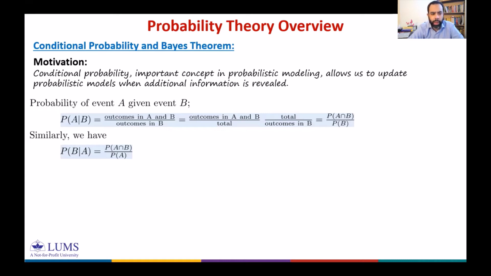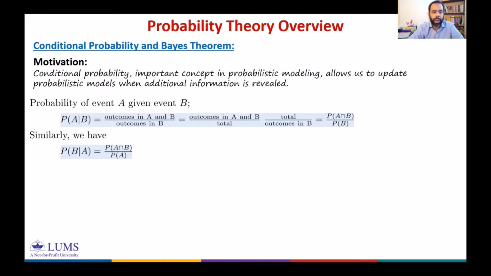For example, if you have two events A and B, and we want to find the probability of event A given event B, it simply means event B has already occurred. So there is no uncertainty about event B, and we want to find the probability of event A given event B.